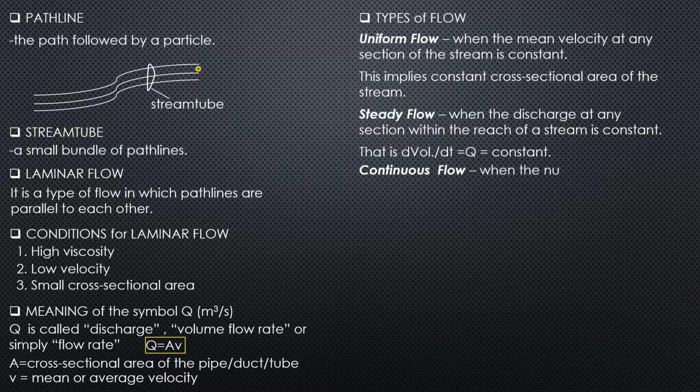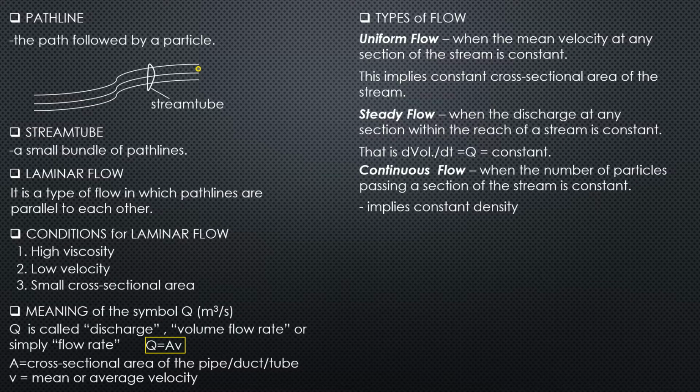Then lastly, we have continuous flow when the number of particles passing a section of the stream is constant. Since we cannot count the number of particles of a flowing fluid or liquid, then this implies constant density in general. So that means for the continuity equation for liquids, because liquids are considerably incompressible compared to gases.